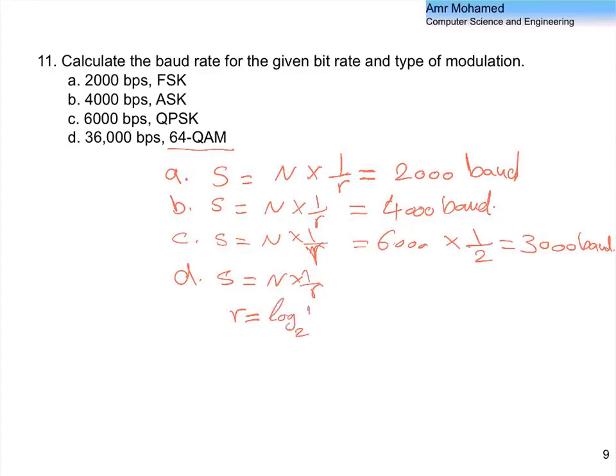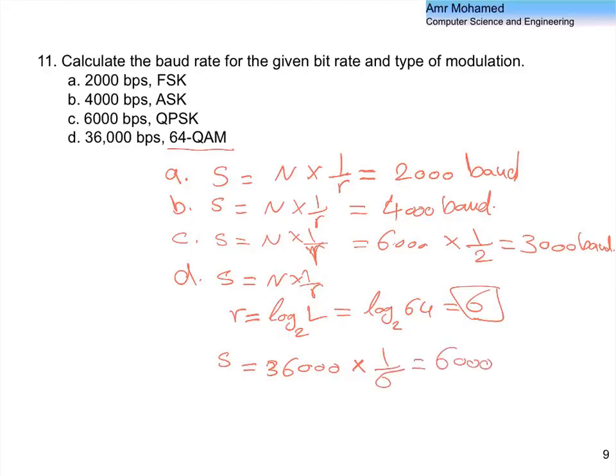For 64, that's 6, which means that each 6 bits are represented by 1 signal element. So S equals 36,000 bits per second multiplied by 1 over 6, so that's 6000 baud.